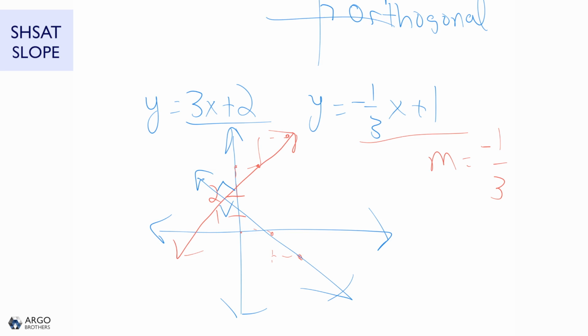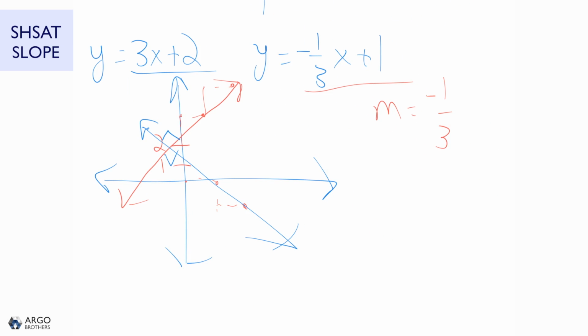But what's the relationship between their slopes that tells us these lines are perpendicular? Well, the first slope is m equals 3. The second slope is m equals negative 1/3. What's the relationship between these two? One is 3, one is negative 1/3.